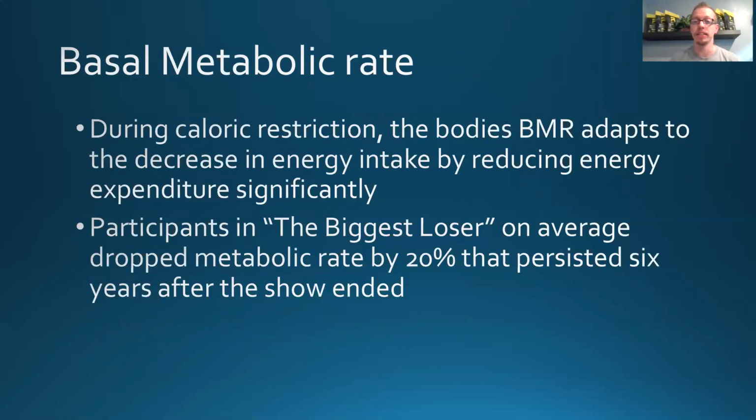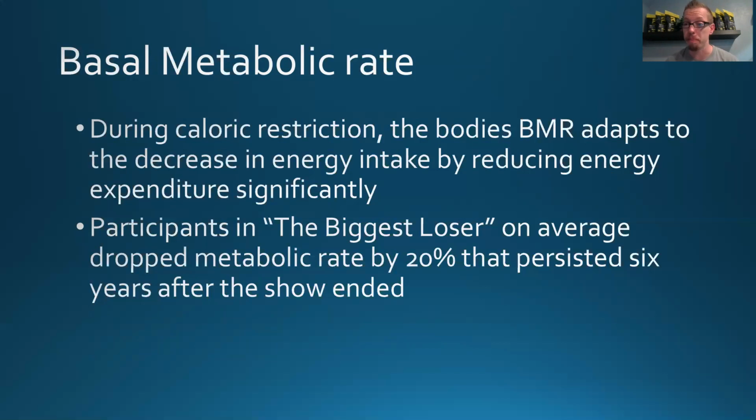So this leads me to The Biggest Loser. On average, their basal metabolic rate dropped by 20%, and that lasted for some of them up to 6 years. Their metabolic rate dropped 20% for 6 years.